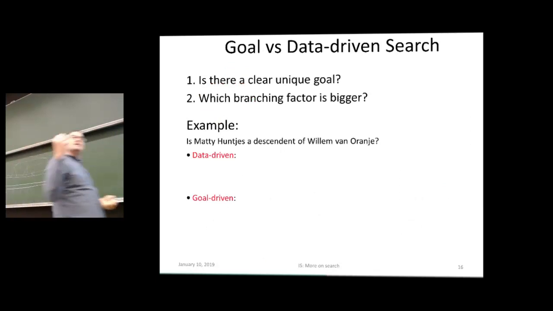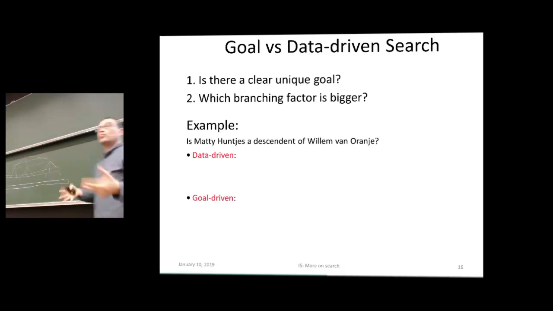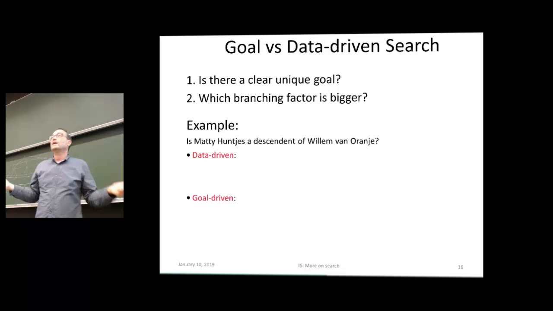But of course, there are scenarios where we know that there is a difference in branching factor whether we go forward or whether we go backwards. So what you should do in your search scenario is to think of which branching factor is bigger, forward or backward.